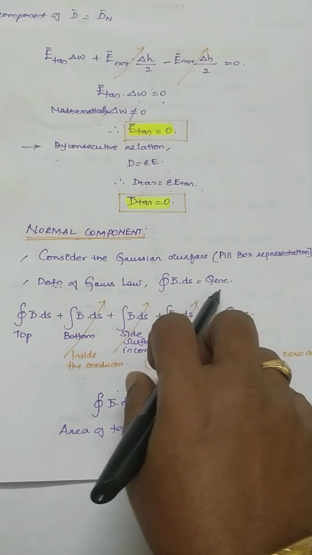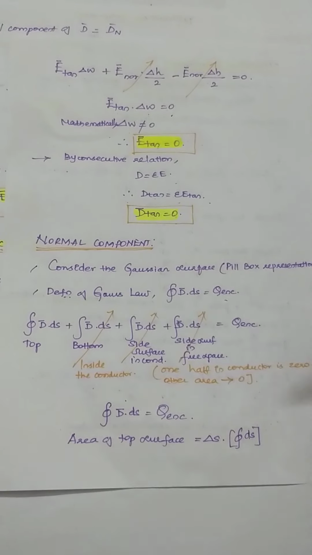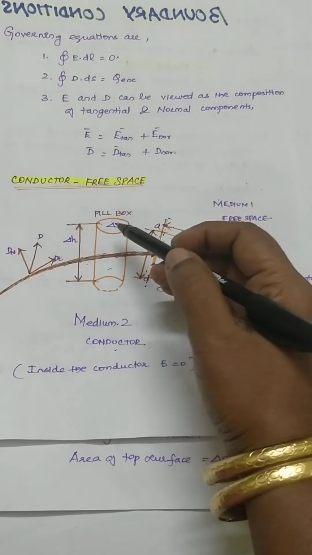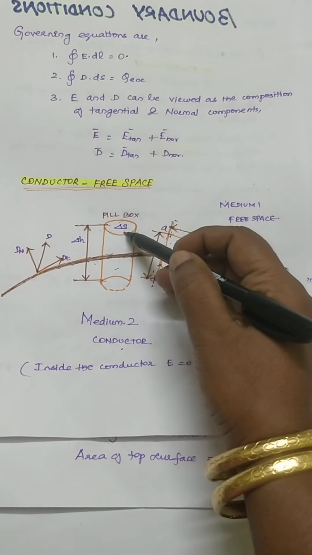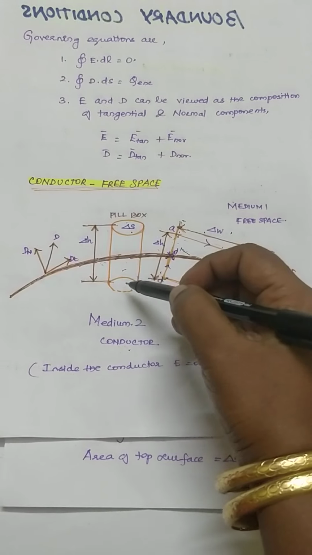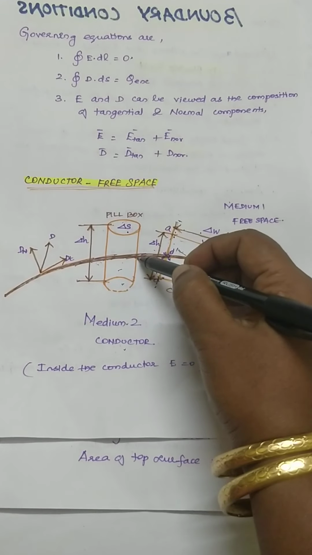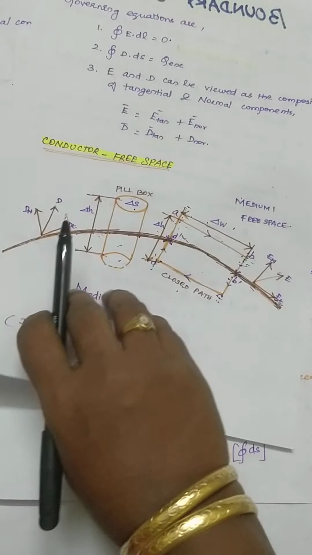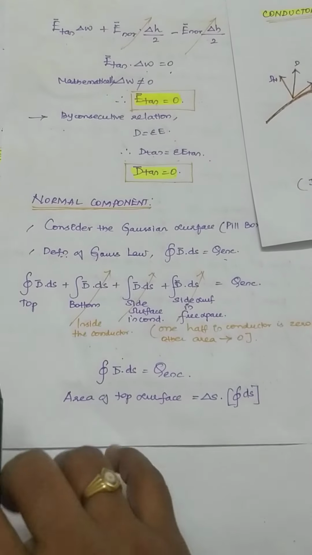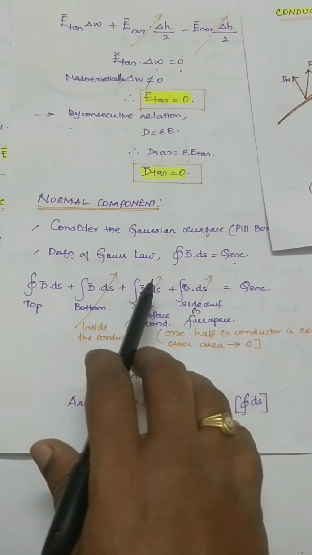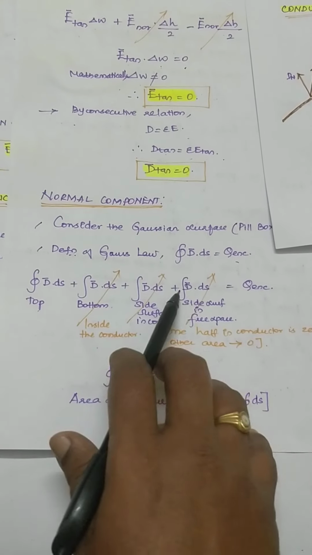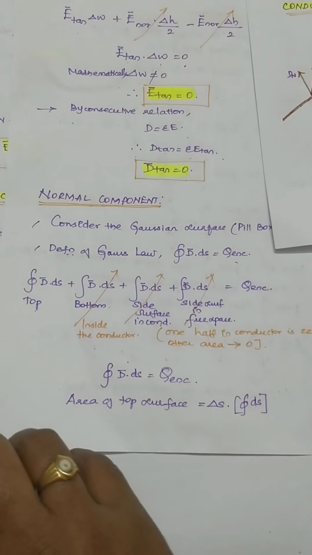Integral D dot ds is equal to charge enclosed. Now in the diagram it is very clear: integral D dot ds is defined for the top surface, bottom surface, left side surface, and right side surface. So four surfaces I have written here: top, bottom, side surface inside the conductor, and side surface in the free space.